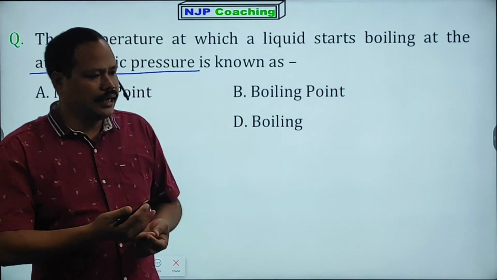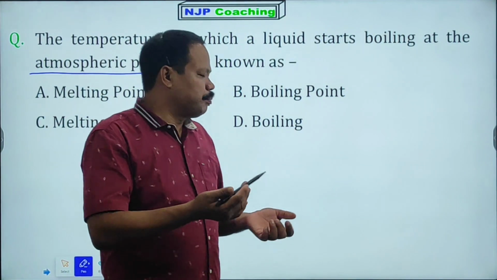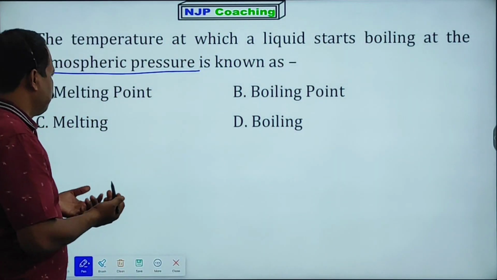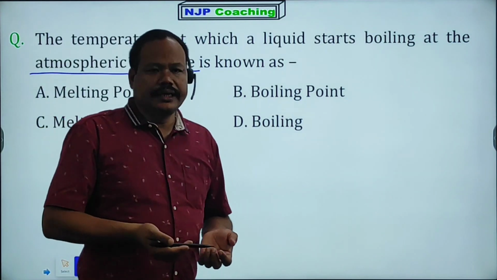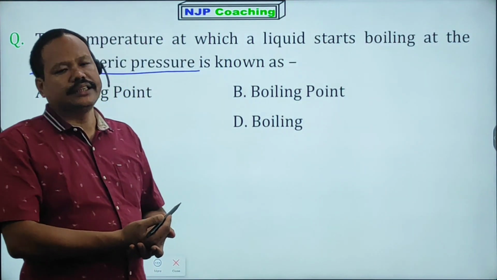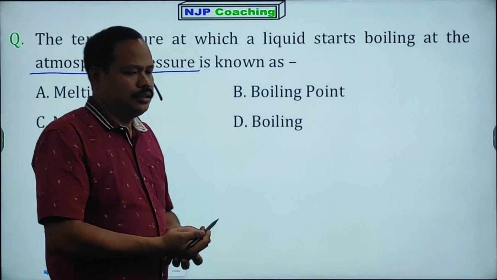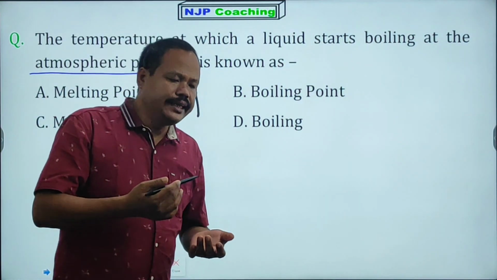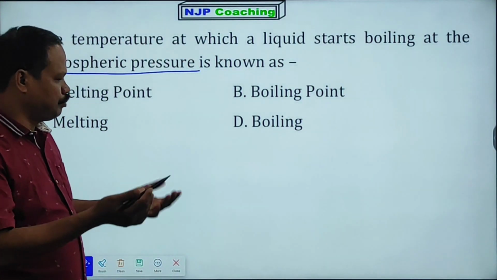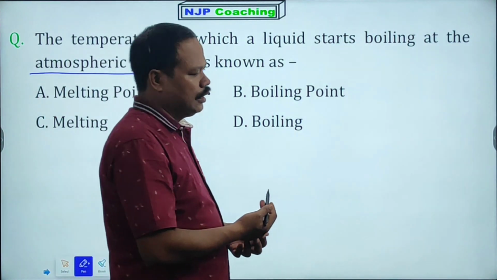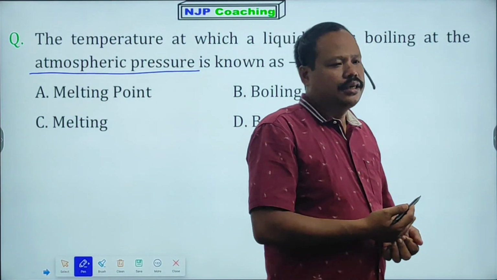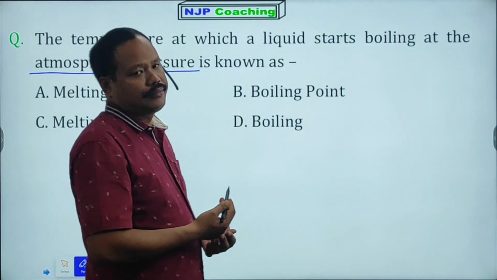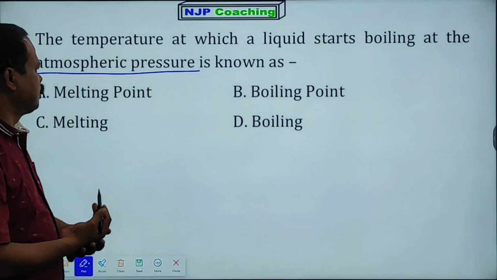Just now I have mentioned for a pressure cooker, the temperature of the liquid rises up to 350 degree centigrade, because we usually keep the cooking material along with the water inside a pressure cooker, so under pressure, not at the atmospheric pressure.